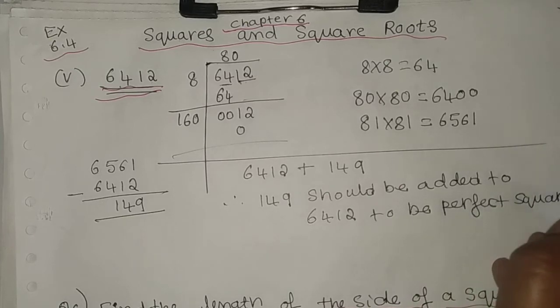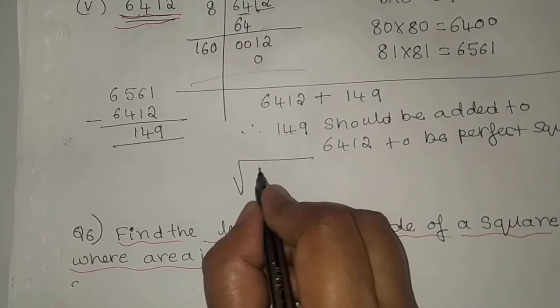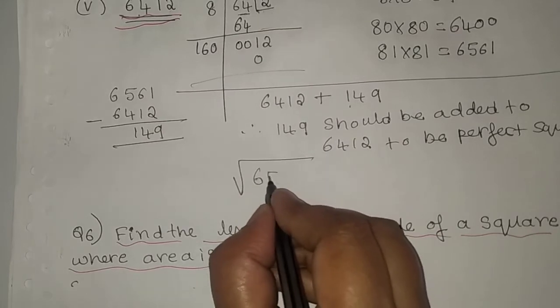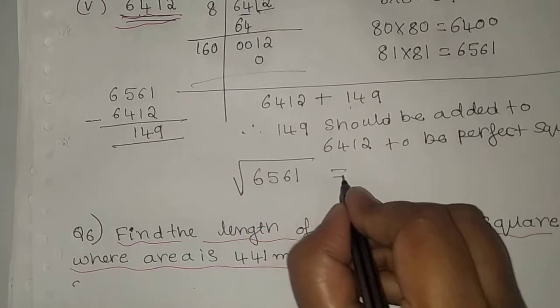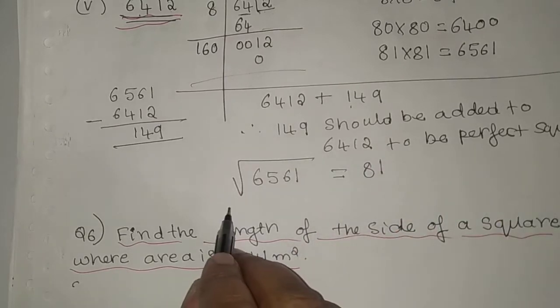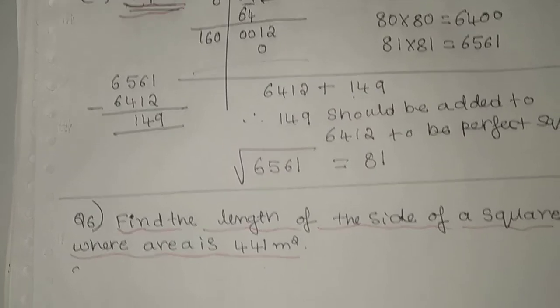This is the solution. Finally we write the square root of 6561 is equal to 81, to be a perfect square. So this completes the fifth problem.